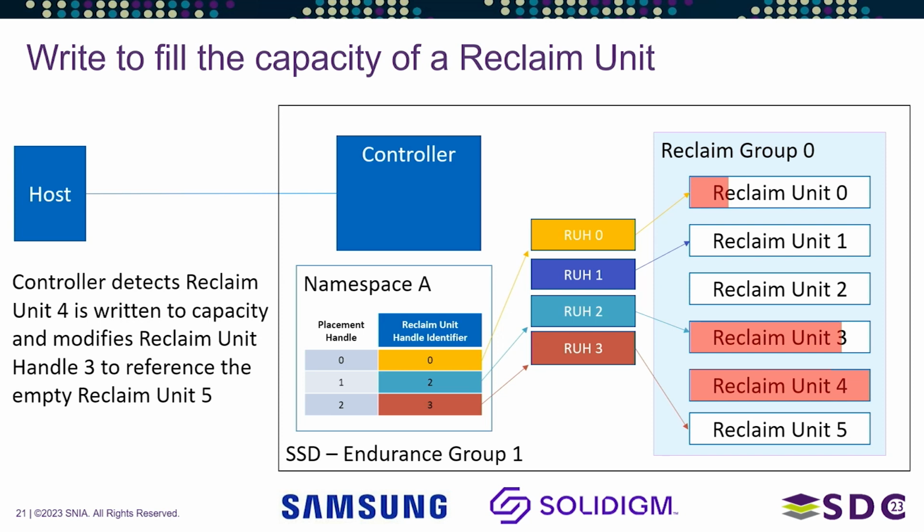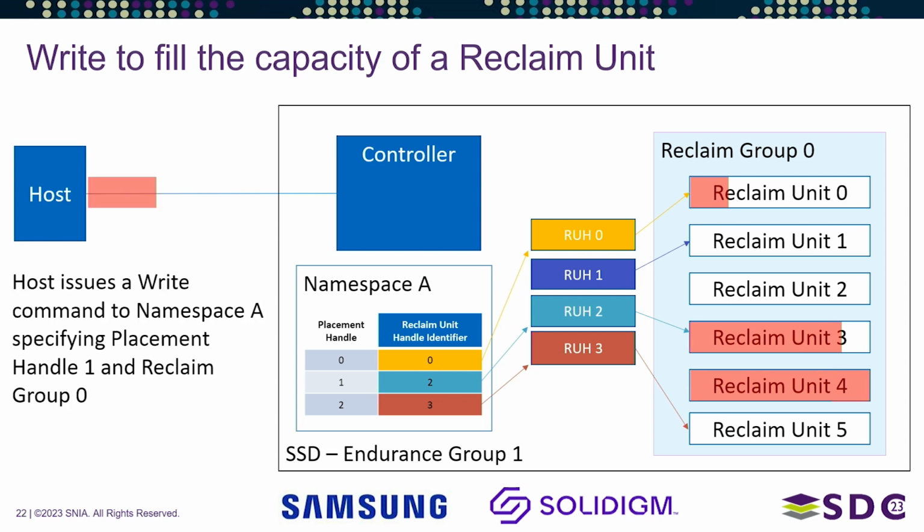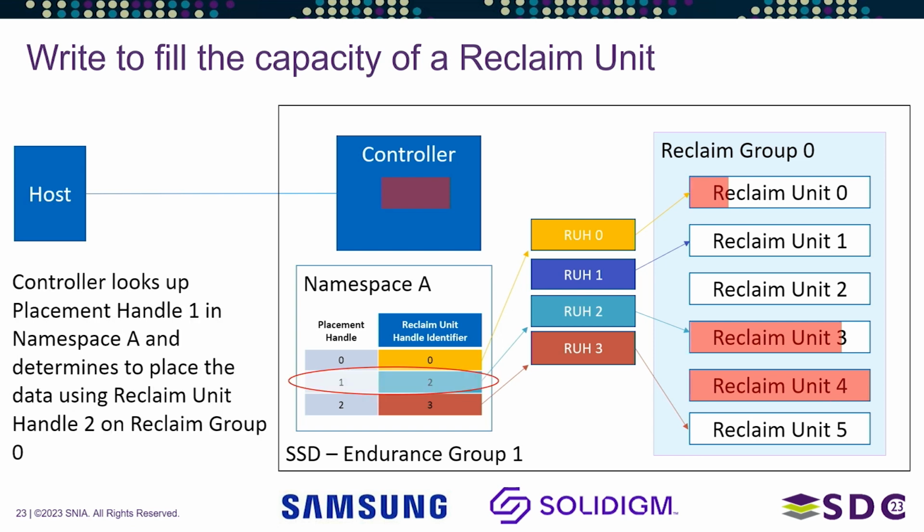Okay? Now, if you have ZNS, you always have to write to this boundary. But with this, you just keep writing writes because the controller is always going to be updating the reclaim unit as they get filled to capacity. So let's say you have a large write come in, and you go and look up the reclaim unit handle here, which is 2.